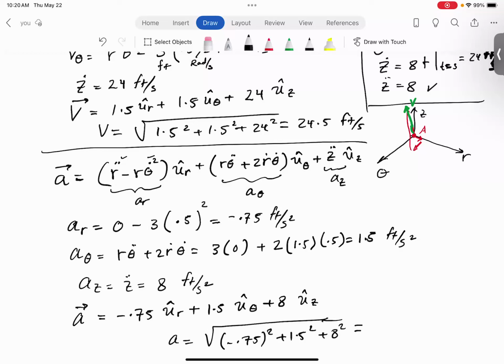Let me just calculate this for you. We add them up and we take the square root of that. About 8.17 feet per second squared. And that would be the acceleration for that particular instant, 3 seconds.